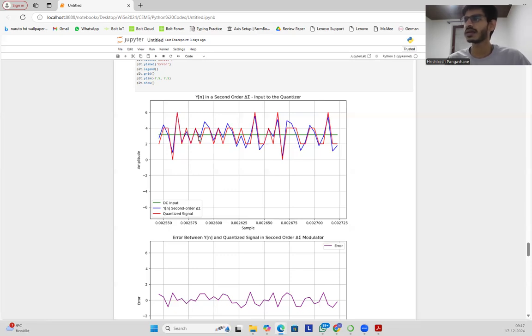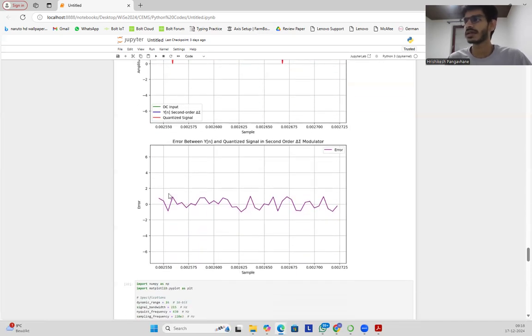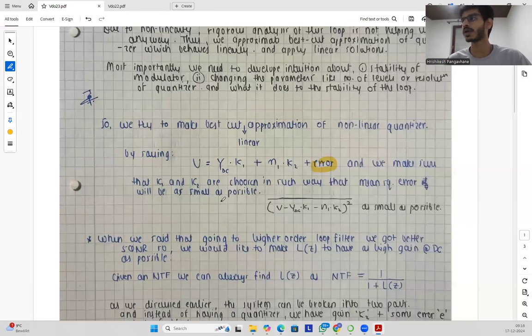And obviously the error, the difference between the quantized signal and the input, is no surprise: it will come out to be delta square by 12, and it is bounded from minus delta by 2 to delta by 2. So this is the error. And it's no surprise, because some error will come since it's not perfectly linear, but it's the best fit approximation of a linear system.